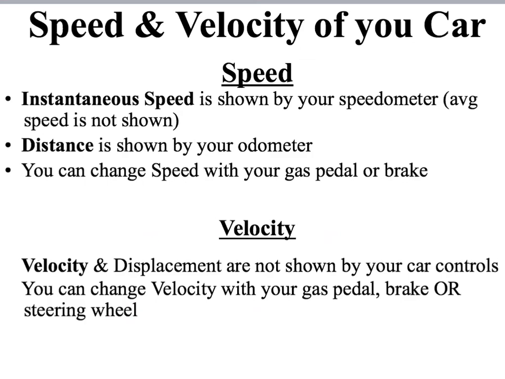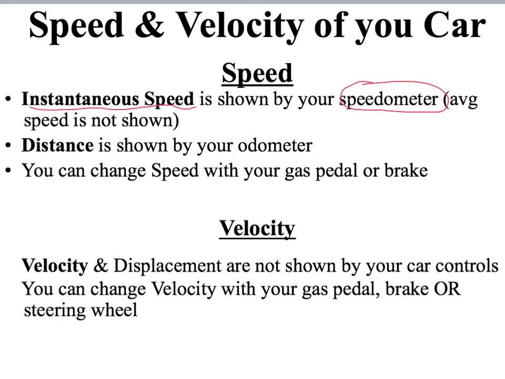The last thing that I want to do is relate speed and velocity to your car. Remember when we talked about average speed, which is the speed during your whole trip, versus instantaneous speed, which is the speed at any given moment? When you're in your car, you can always tell your instantaneous speed just by looking at your speedometer, and it tells you how fast you are going at that given moment. Your car won't tell you your average speed. That's something you have to calculate by figuring out the total distance that you drove and the total time that you drove.